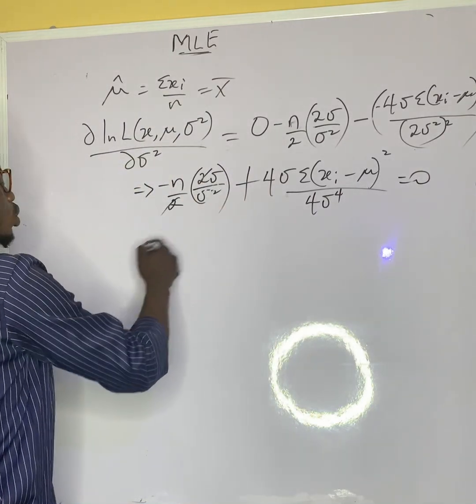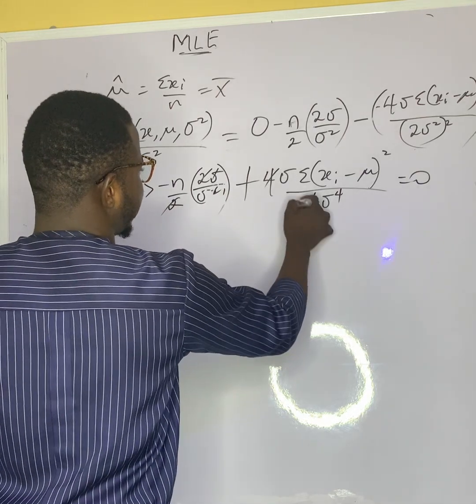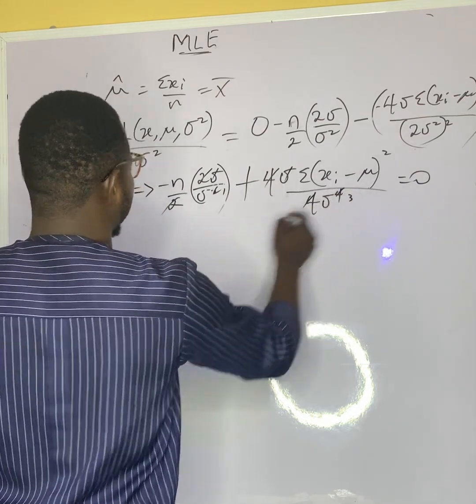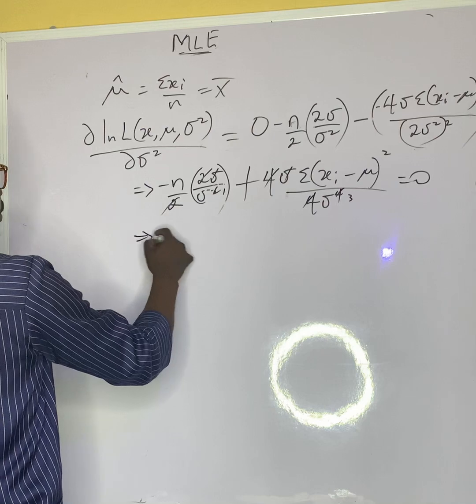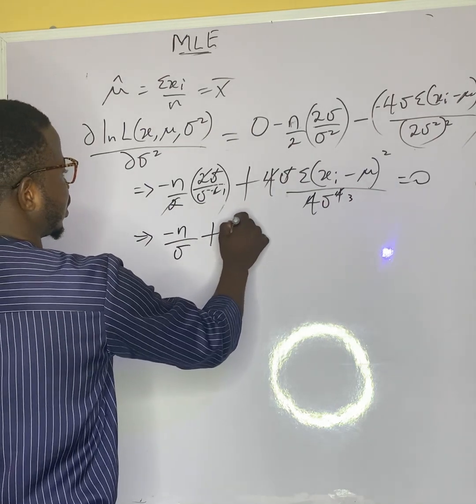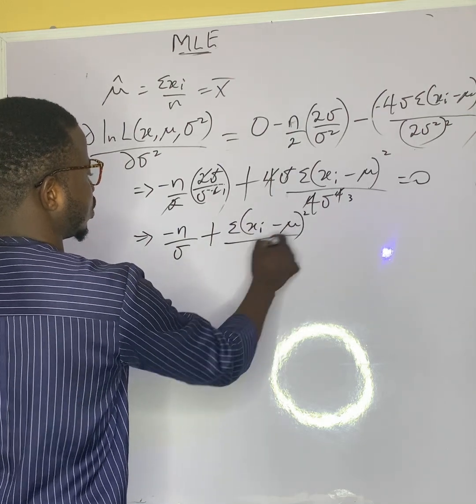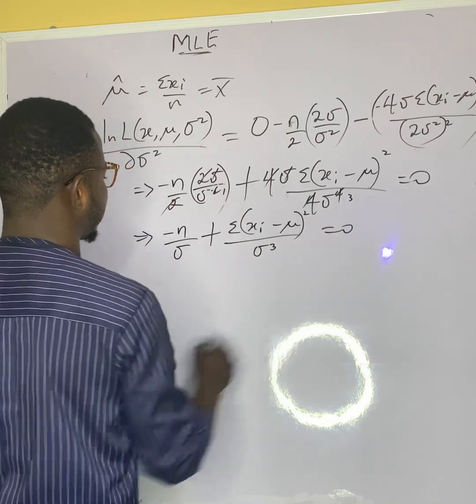Here this 2 will cancel this 2, one sigma cancels leaving 1, 4 will cancel 4, sigma to the 1, sigma to the 3. So this implies that we have minus n over sigma plus summation xi minus mu all squared over sigma cube equals 0.